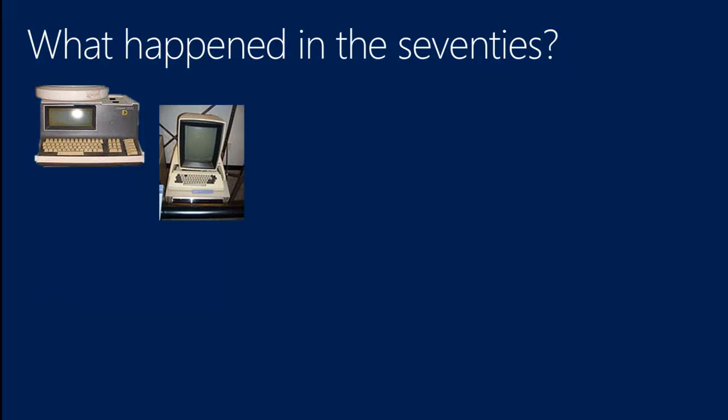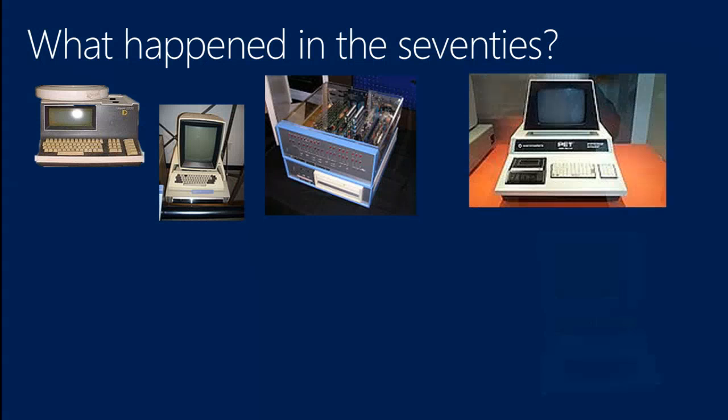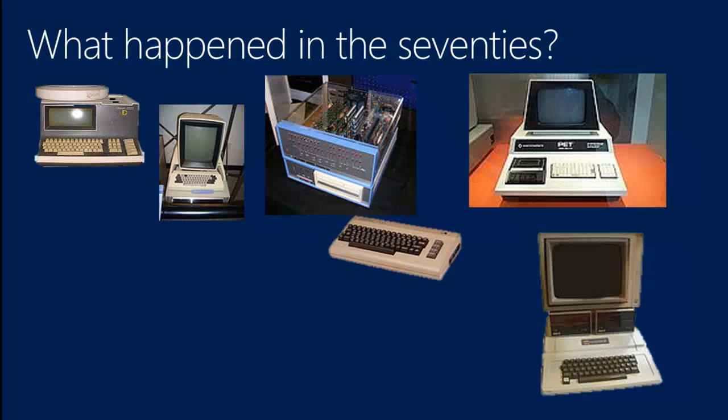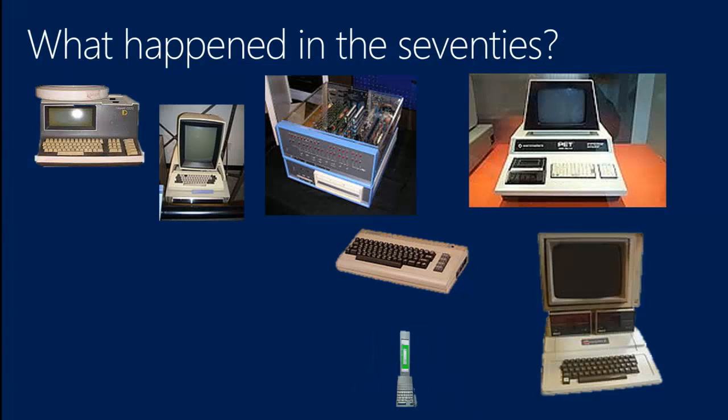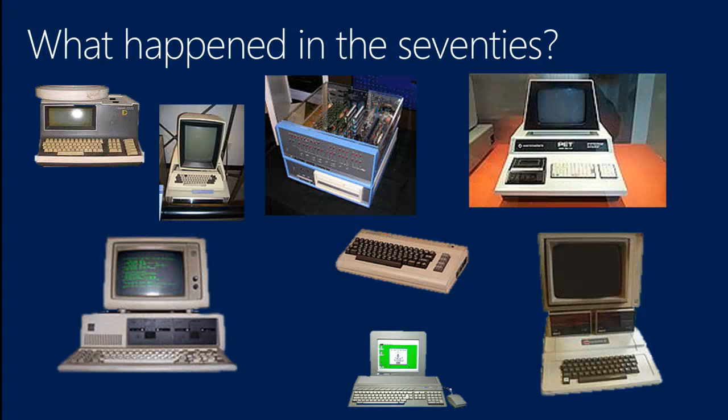And so what happened for computers in the 70s? If some of you looking at the screen sees his first computer, then it means you're at least old as me. If you see the second one, then you're much older than me. But the point is that in the 70s, if you search for pictures of computers in the 70s, you will find a lot of them on Bing.